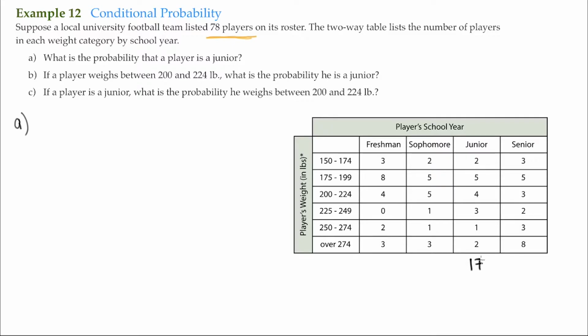Well, that's 17 out of the 78. That's approximately 0.2179. And of course, we know that is 21.79%.